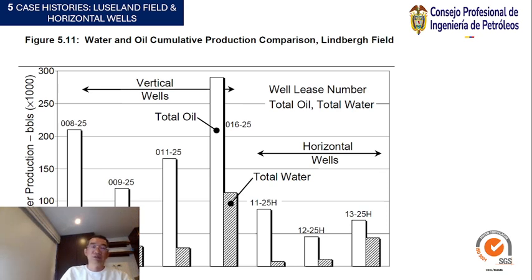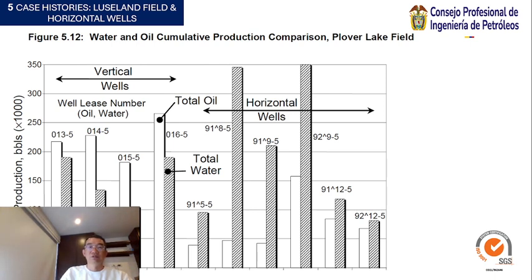Figure 5.11, water and oil cumulative production comparison. We can see the vertical well has a better result than horizontal wells. The total production is more than the horizontal well. Figure 5.12, water and oil cumulative production comparison, Clover Lake field. This field shows us the same result.